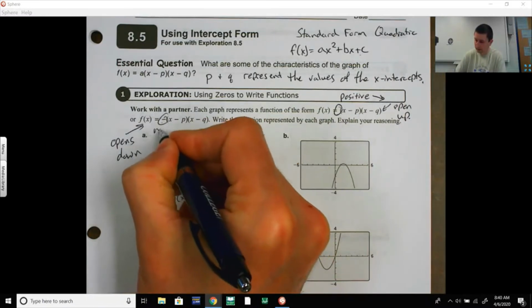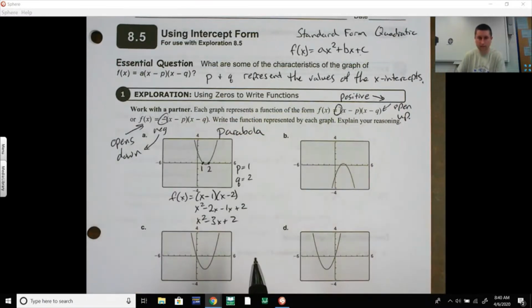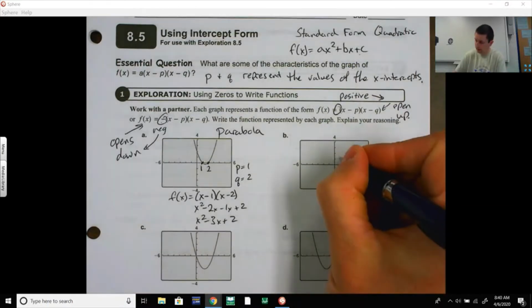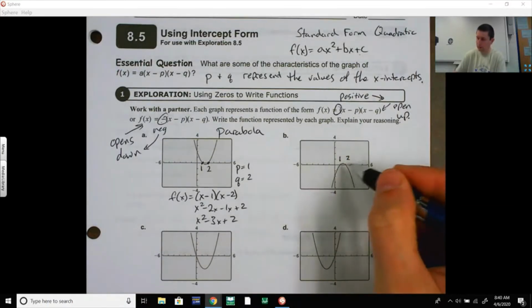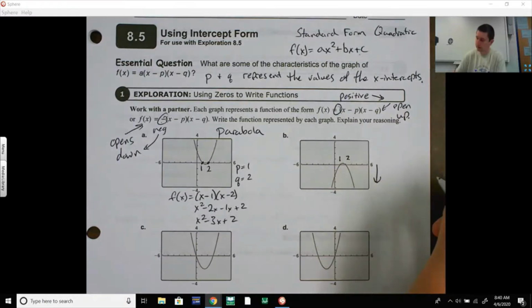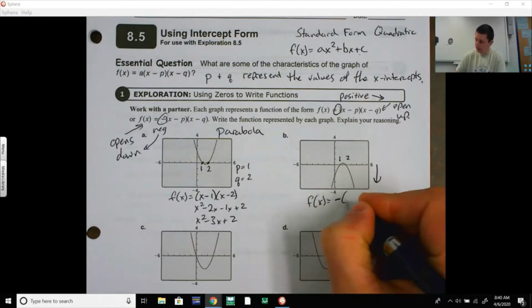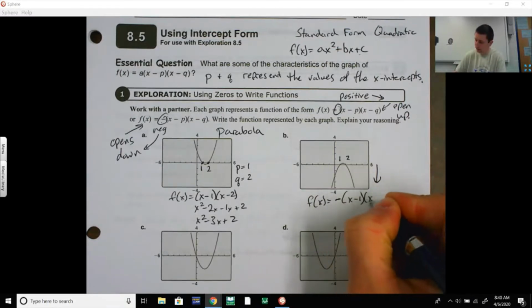This is negative, so it's opening down. If you're looking at this one here, it has the same x-intercepts of 1 and 2, but it's opening down. So that function would be f of x equals negative x minus 1 times x minus 2.